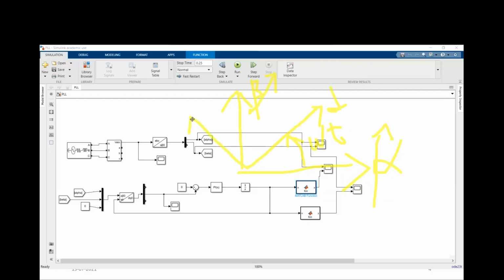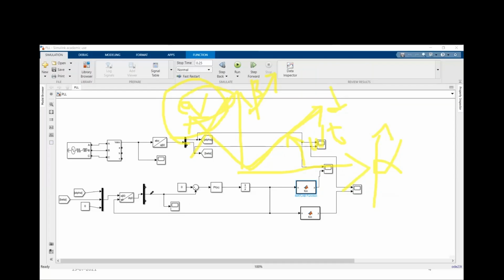DQ will also be at 90 degrees. If I make my Q value 0, then it is completely aligned with the D axis alone. If you can track this D, you can find omega t, isn't it? So you have to make one of the references 0 to get the entire thing aligned with D alone.